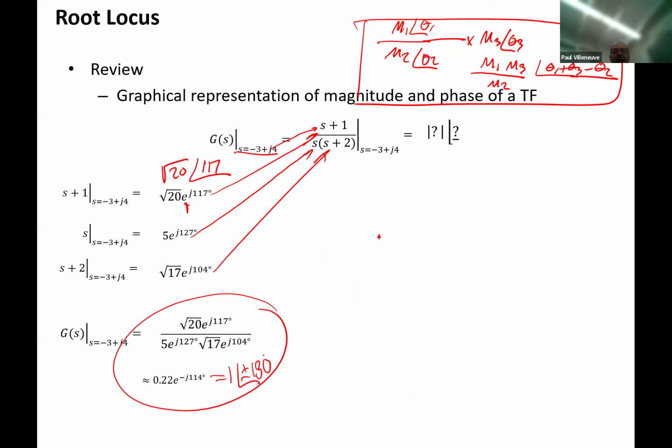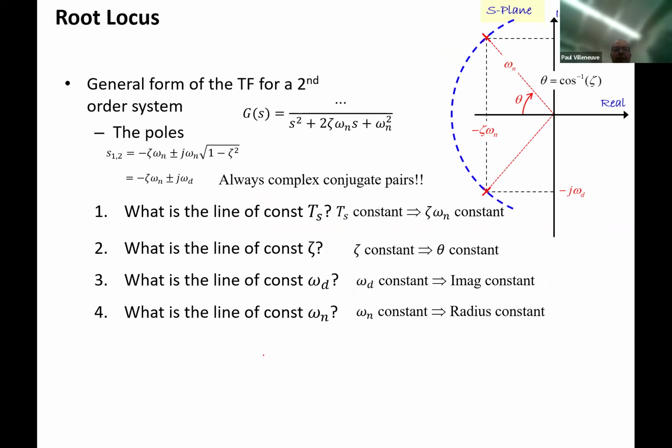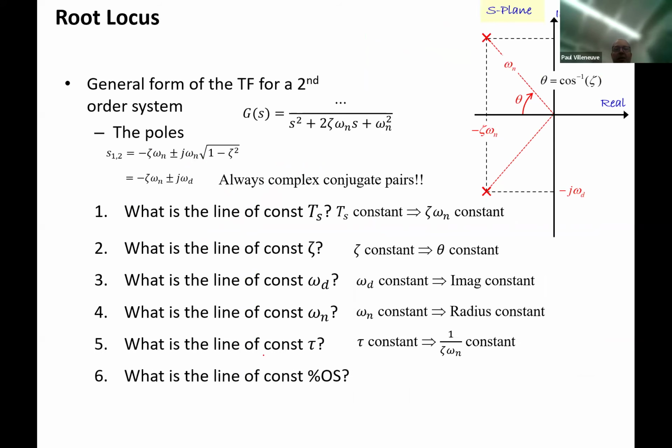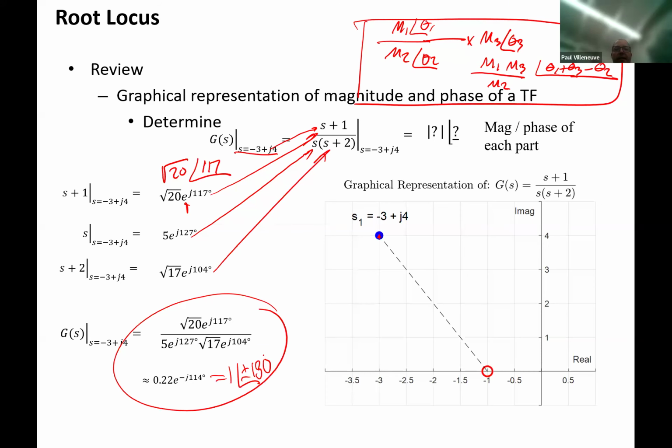If I was to go back to, actually, I don't have this one plotted yet, so we'll go forward. We can't get there from here. So the magnitude to get from minus 1 is square root of 20.